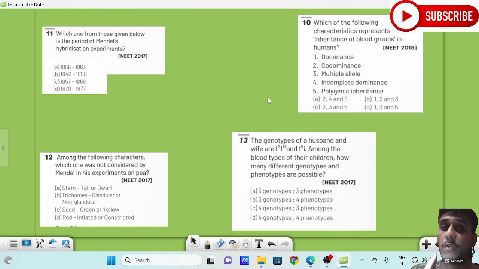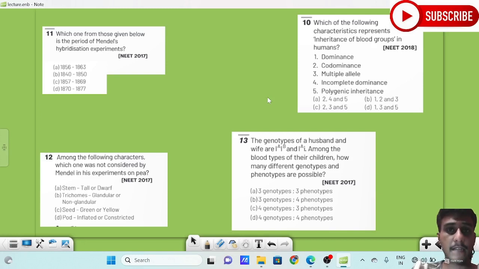It took him 2 years to select the 34 different varieties of pea plant. I think you can understand what I am saying. 34 different varieties of pea plant were taken by Mendel. It took 2 years for this, and also he conducted experiments from 1856 to 1863, and he published his paper.